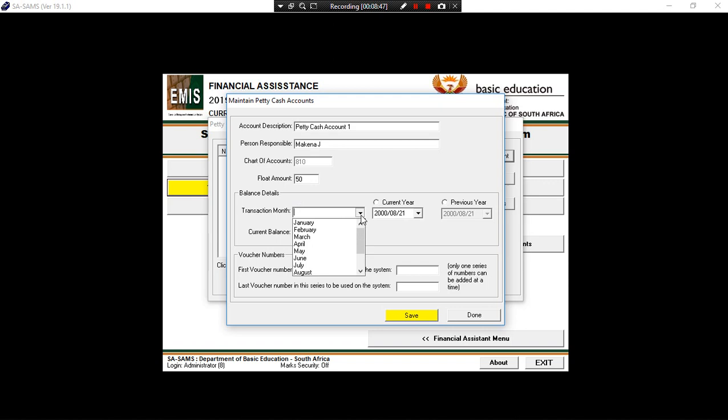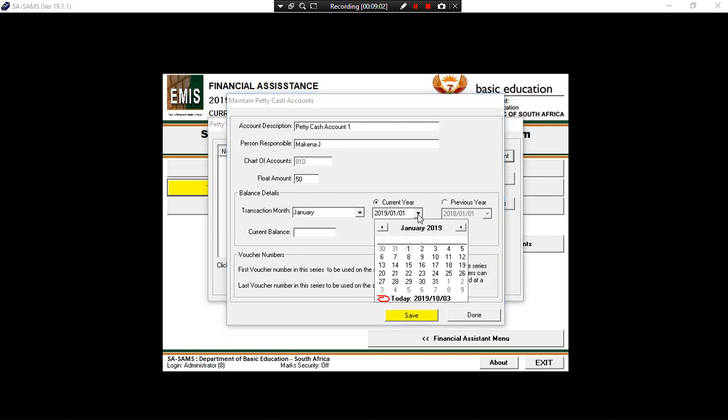And then our transaction month into the petty cash. We open the petty cash in January. Since when we opened the petty cash, the school had not been funded yet, we didn't have any money into the petty cash.